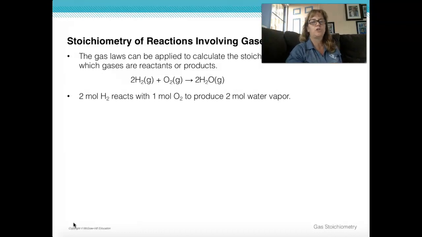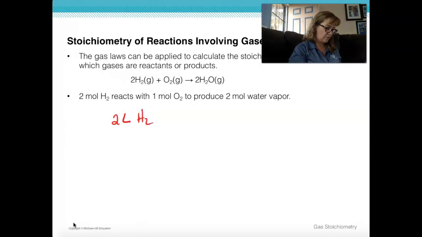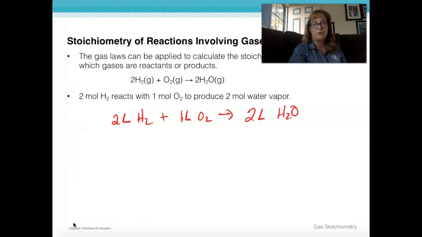So instead of just saying 2 moles plus 1 mole equals 2 moles, you could say 2 liters of hydrogen react with 1 liter of oxygen to give you 2 liters of water. Now again, this relationship only works if all of the parts of the chemical equation are gases.